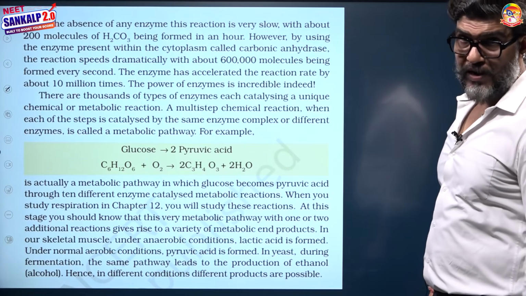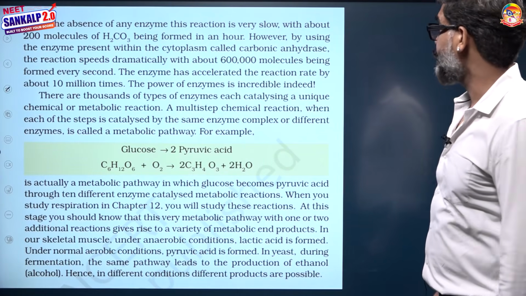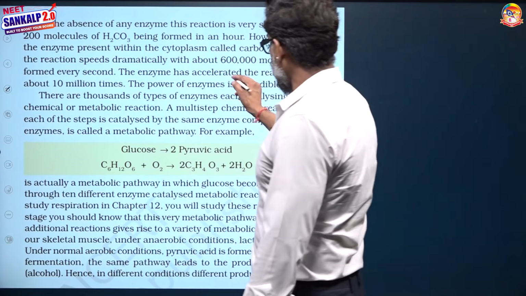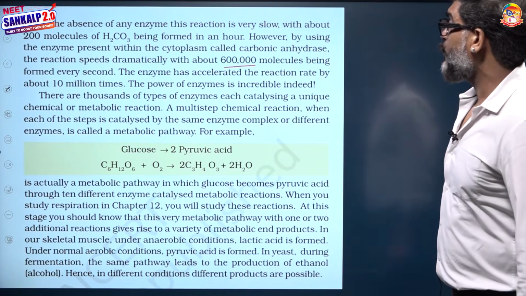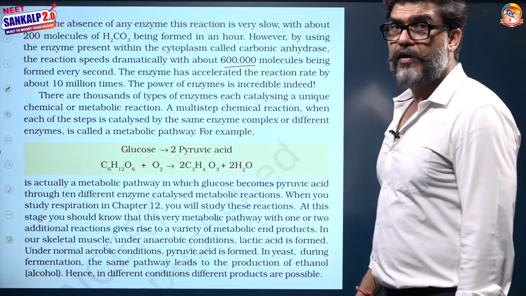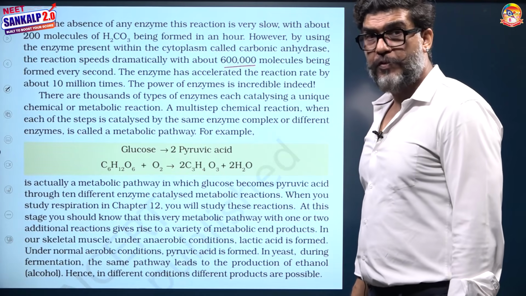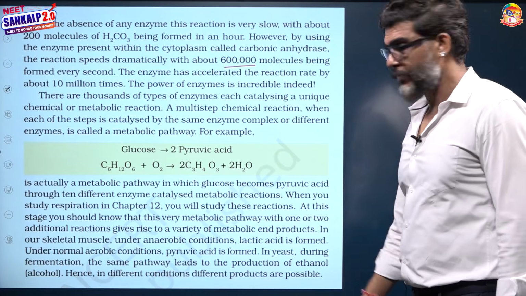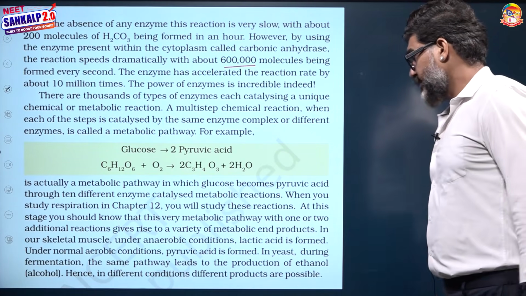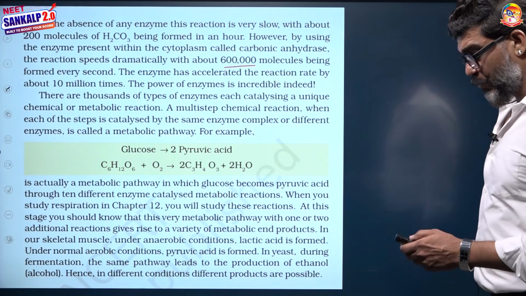Carbonic anhydrase is one of the fastest enzymes, and this is called turnover number. 6 lakh molecules of the substrate get transformed into the product per second, means 36 lakh substrate molecules per hour. This is also about the enzyme's role.